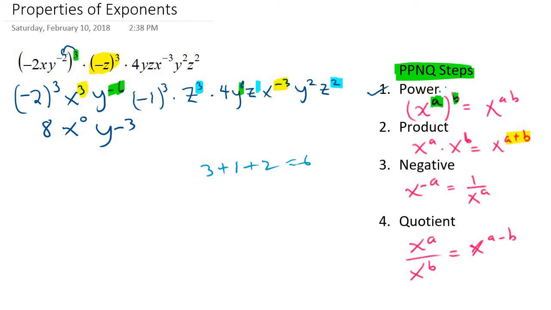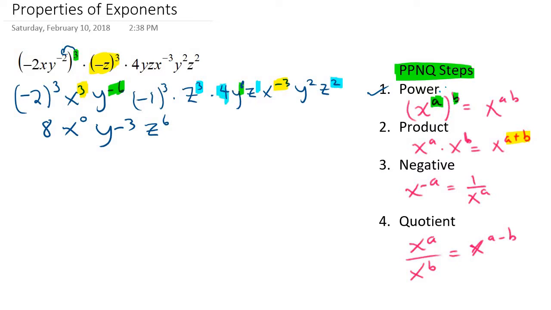So the z will have 6 as its exponent. z becomes 6 as the exponent. Actually, I left this 4 out. There's a 4 right here that needs to be accounted for. Let's account for that 4.